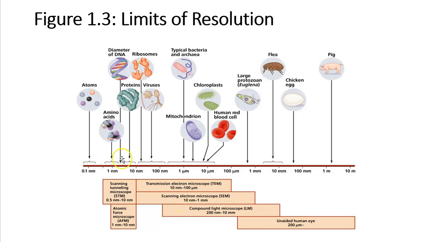Anything below that, when looking at pieces and parts of these organisms or viruses, we need an electron microscope or a tunneling microscope. These are pretty expensive. Luckily, where I worked in Florida, I was able to see both a transmission electron microscope and a scanning. They are large.